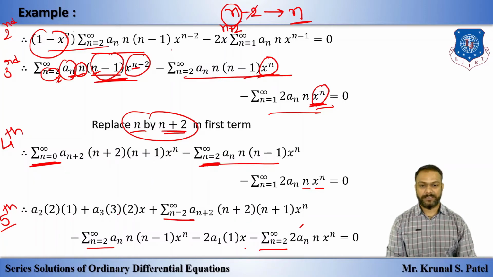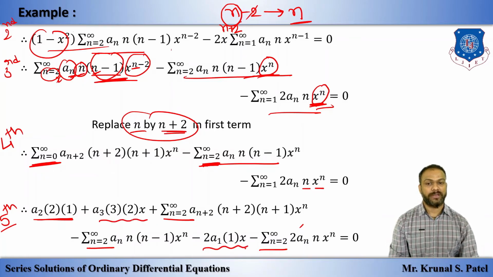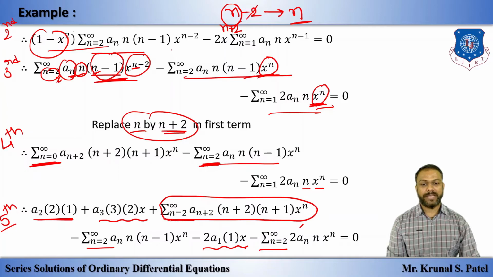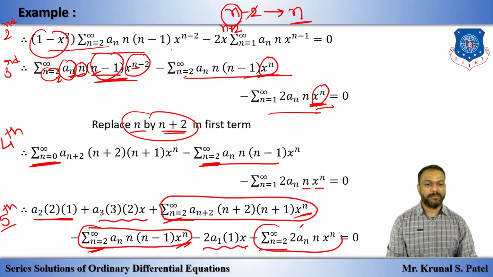Now collect the like powers. This is the constant term only, and we have this term with x and this also is with x raised to 1. So we collect these two terms together, and the remaining terms, this term we have sigma and x raised to n, similarly this term has sigma and x raised to n, and similarly this one has sigma and x raised to n.